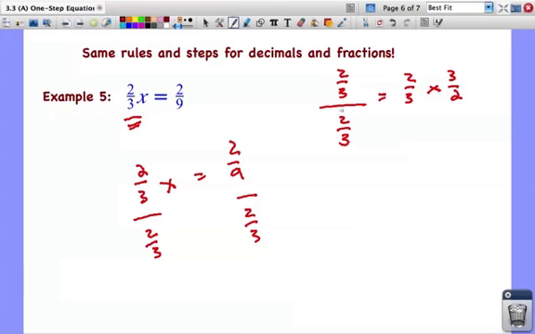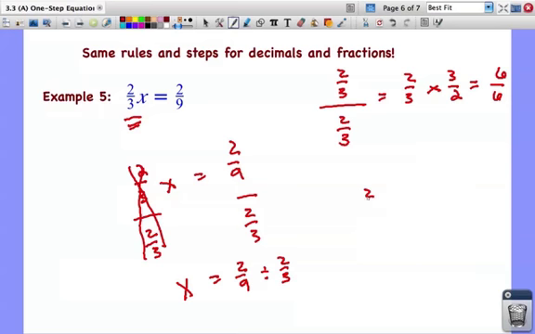Keep, change, flip. That cancels itself out because I just get 6 over 6, and that's just 1. So these cancel each other out, and I'm left with just x equals 2/9 divided by 2/3.